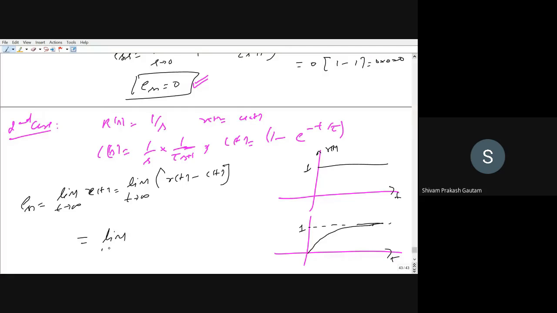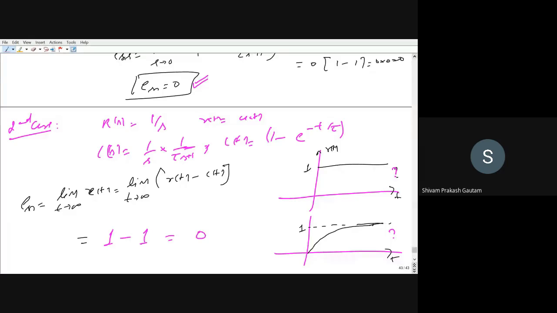So limit t tends to infinity, now we can directly put the limit. At t equal to infinity, what is the value of r(t)? 1. Minus, at t equal to infinity, what is the value of c(t)? 1. Correct?